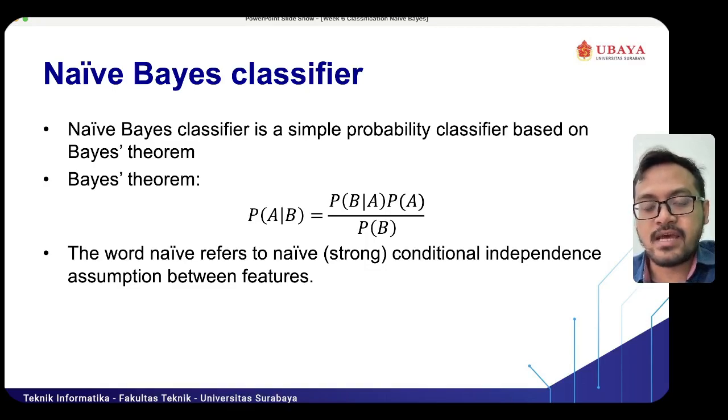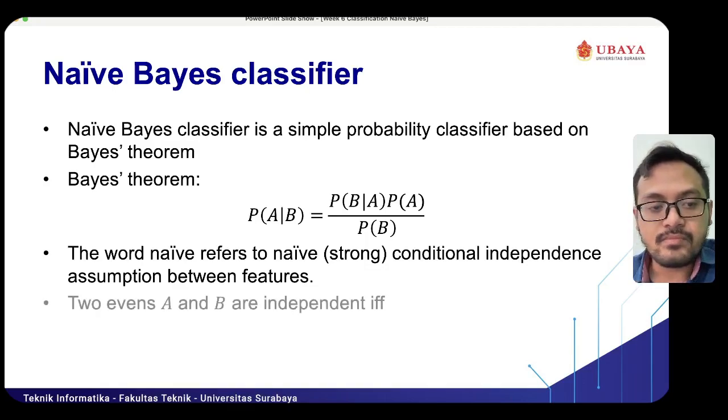The iris data set has some features: petal length, petal width, sepal length, and sepal width. The naive Bayes theorem has the assumption that there is no relation between the features, so we will see all of the features as independent features. Okay, we will see the example after this.